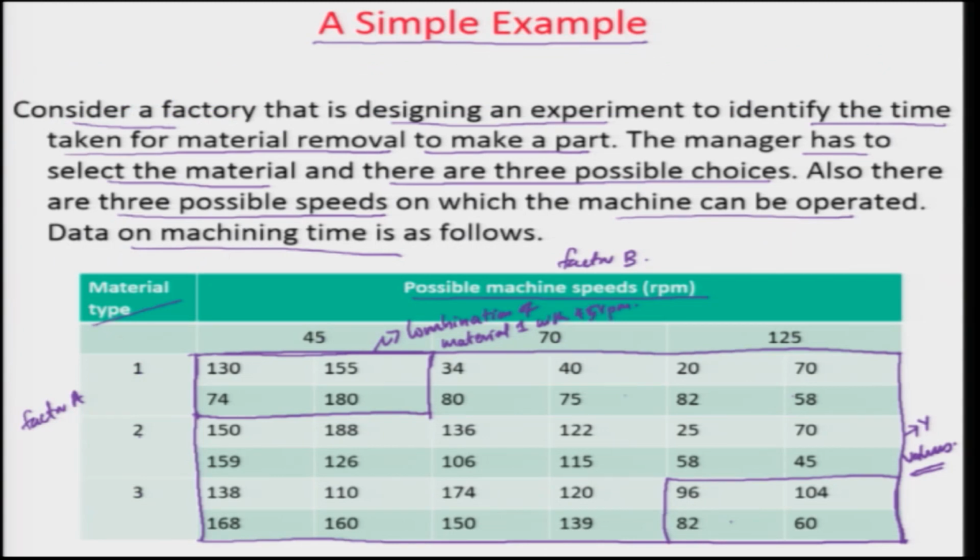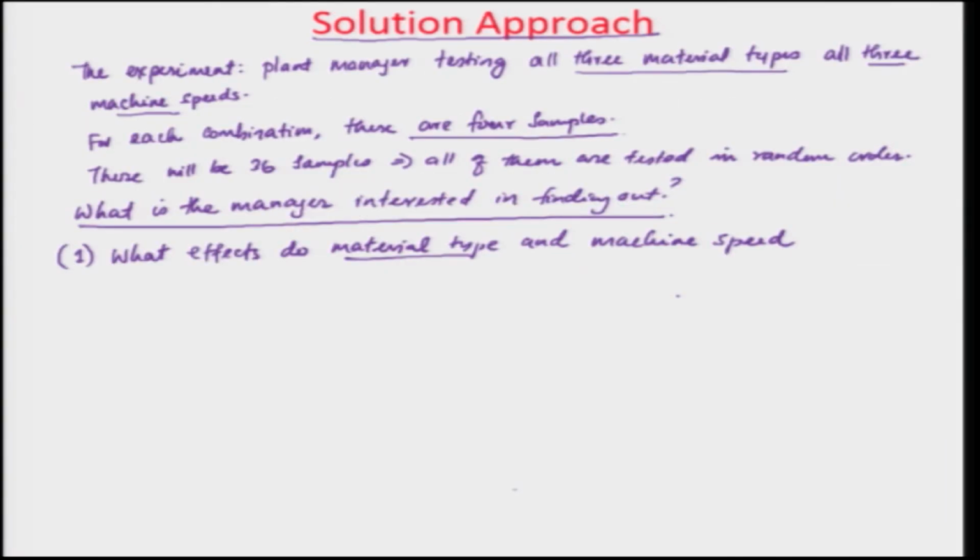Material type is your factor A and machine speed, okay, factor B. So, material type and machine speed together, okay, have on machining time. Okay. That is one question the manager is interested in finding out. This machining time is your response, right.